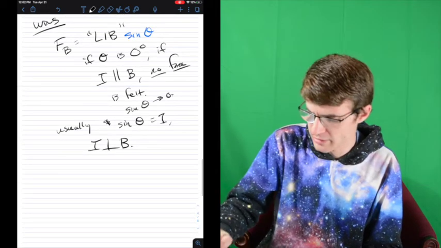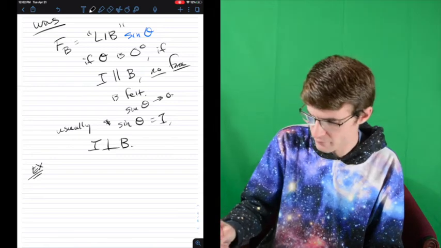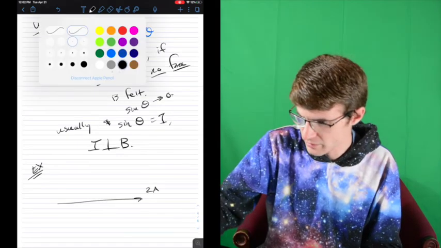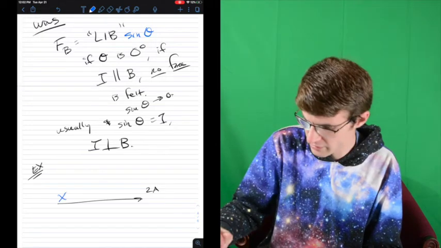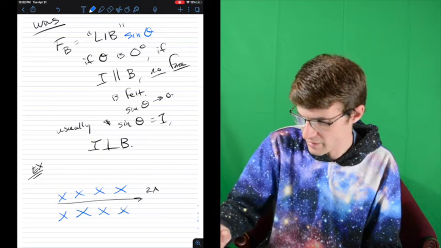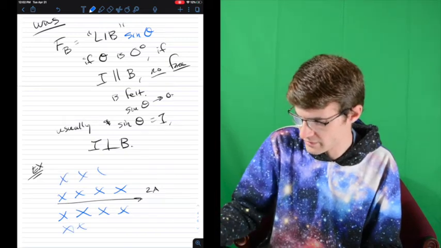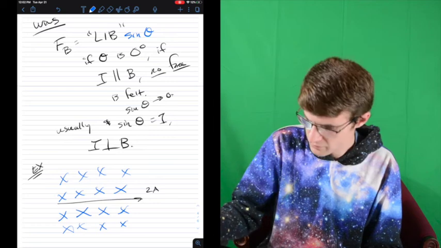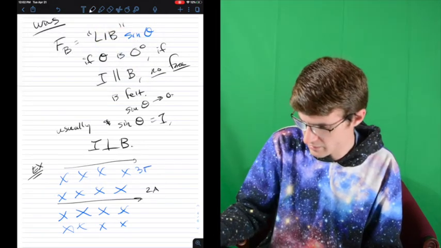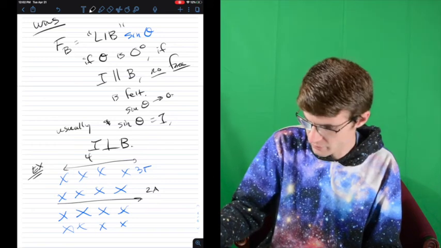So just to run a quick example here, we have a wire carrying 2 amps of current. I'm going to immerse it in a magnetic field that in this case is disappearing into the board. So here's my magnetic field. And we're going to say that this is a 3 Tesla field, and this length of the wire that's immersed in the field is 4 meters.